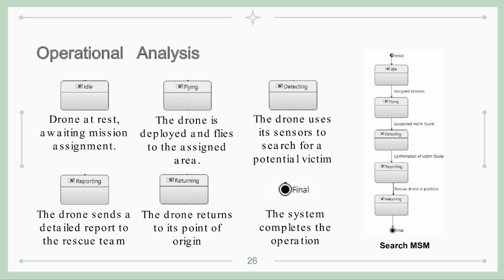And this is crucial for validating the location and conditions before proceeding with the extraction. Also, we have returning after completing its mission. The drone returns to its base or designated area, and the final block marks the end of the search mission cycle.